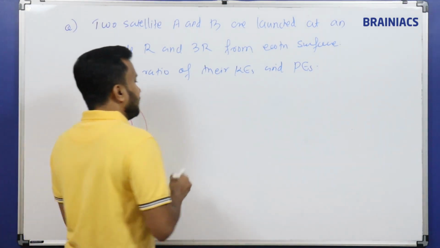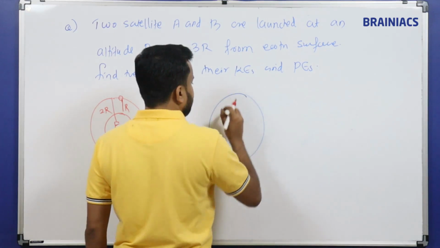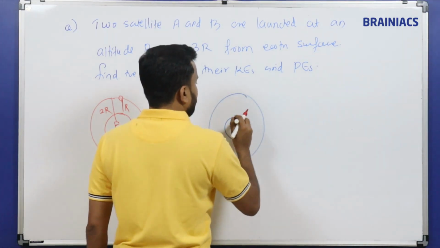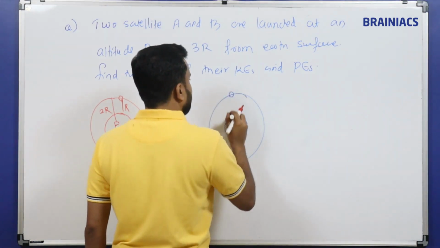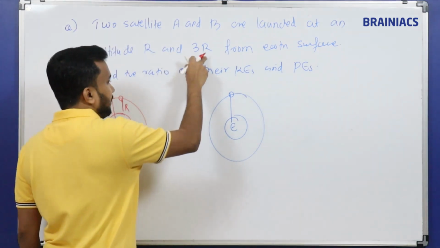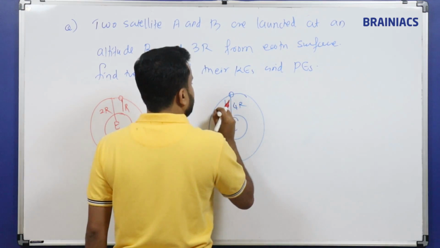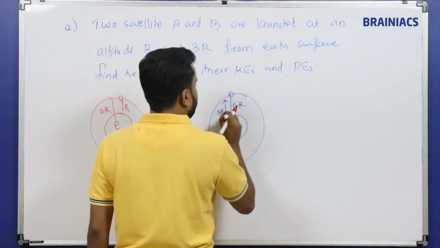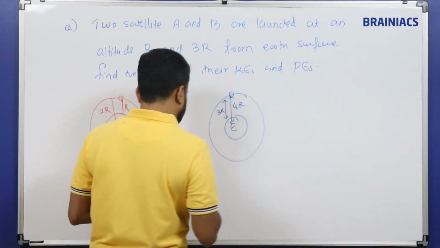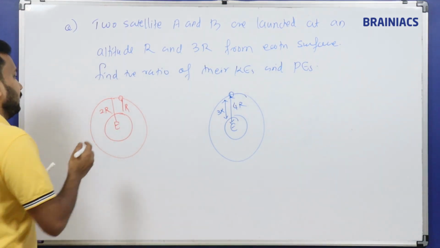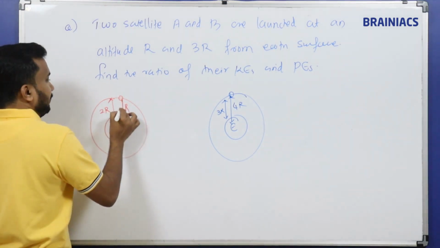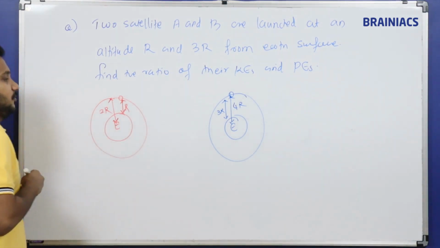In the second case, we have a satellite and an earth. The satellite is located at a distance of 3r from the surface, so from the center it is 4r. From the surface it is 3r, from the center it is 4r. Here also the same thing, it is r and 2r respectively.